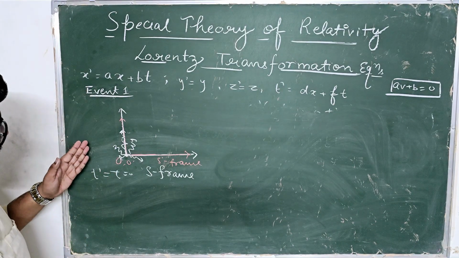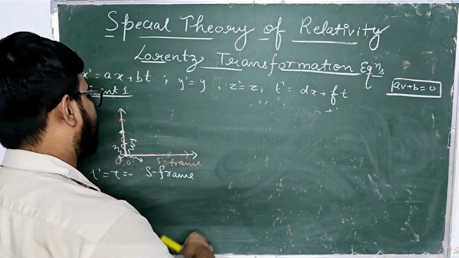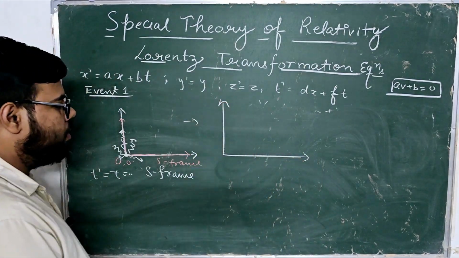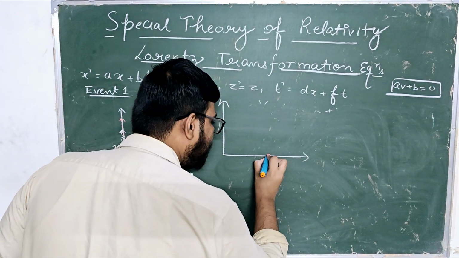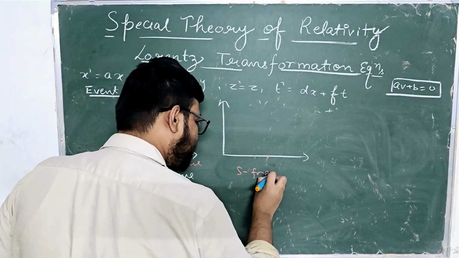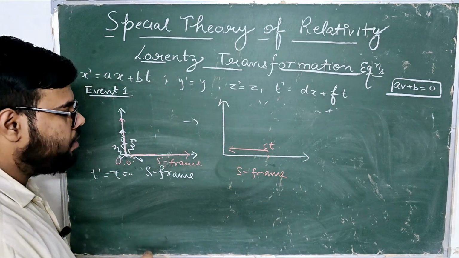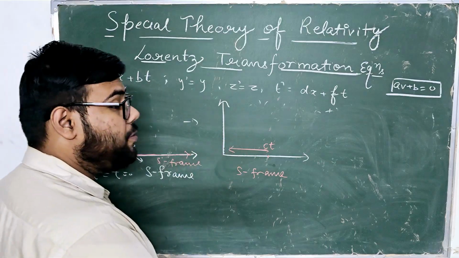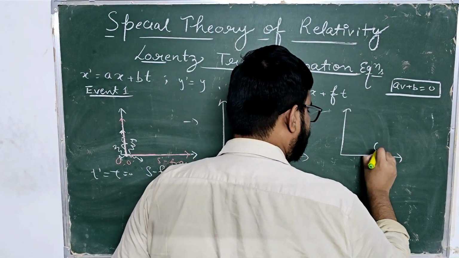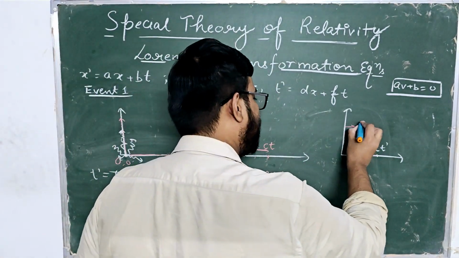Now for the S frame, after some time the light will be over here. And what will be the distance for the S frame? The distance will be ct, right? For the S frame. And for the S prime frame, the light will be over here. But over here the distance will be ct prime, because it itself is moving at a velocity v.